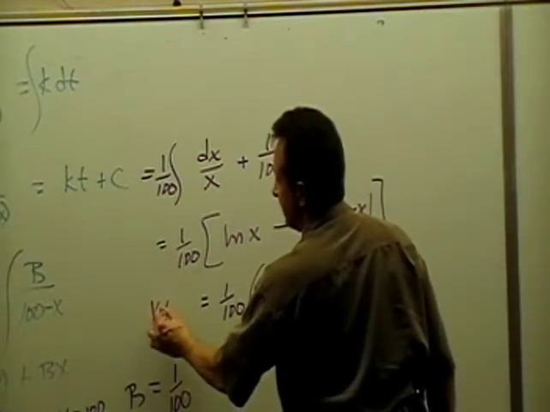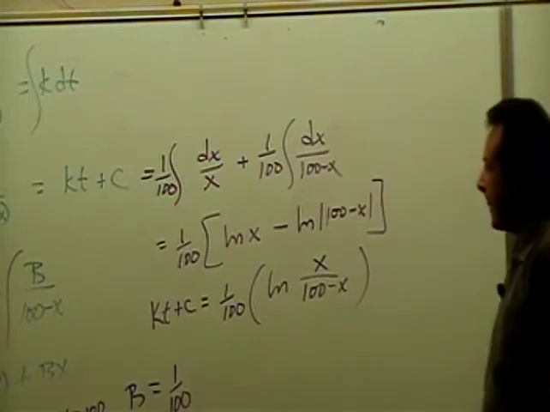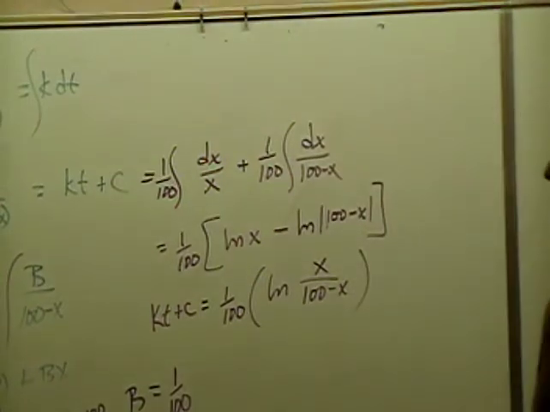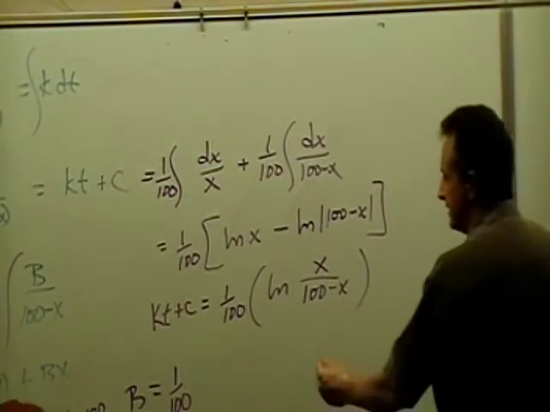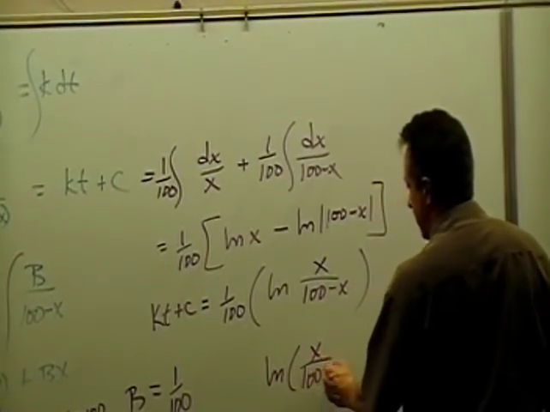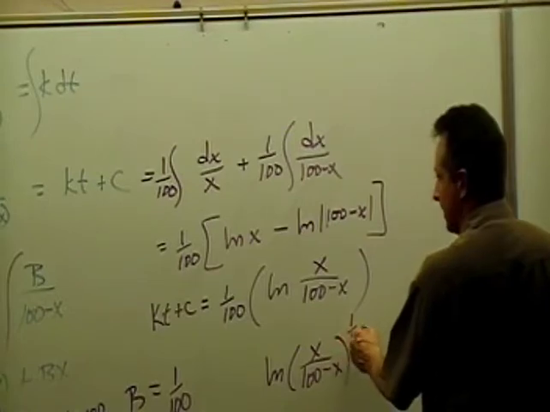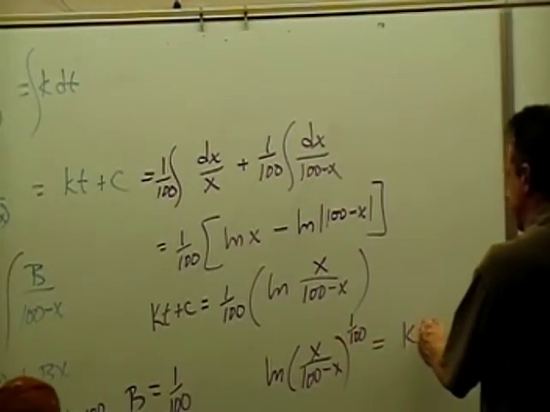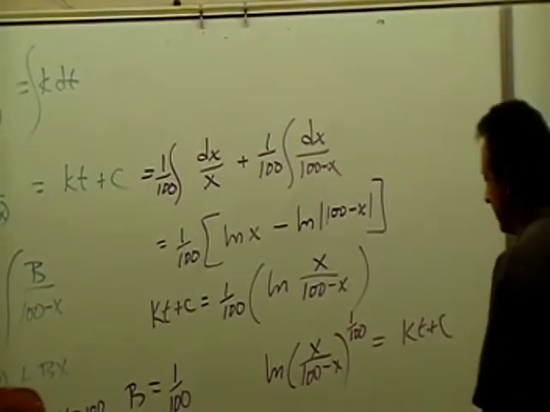That's equal to kt plus C. I can write this as the ln of (x over (100 minus x)) raised to the 100th equaling kt plus C, and we're going to exponentiate both sides.